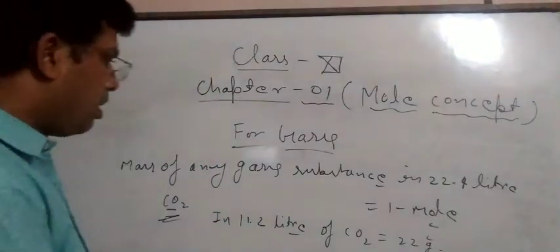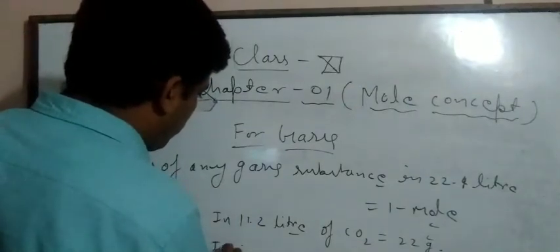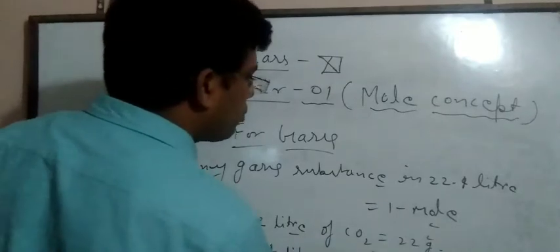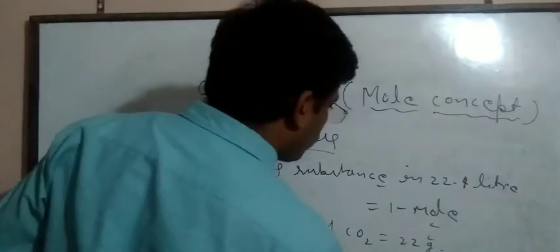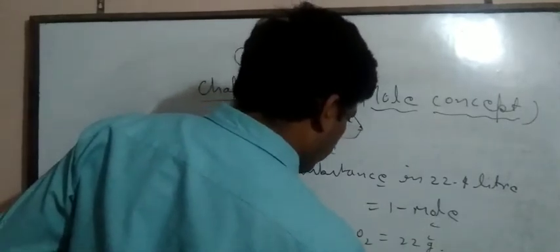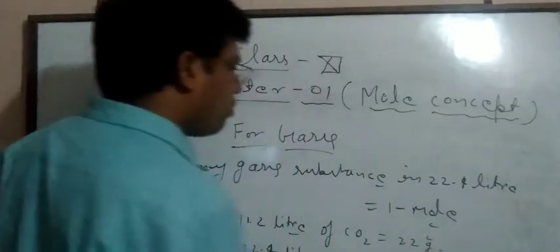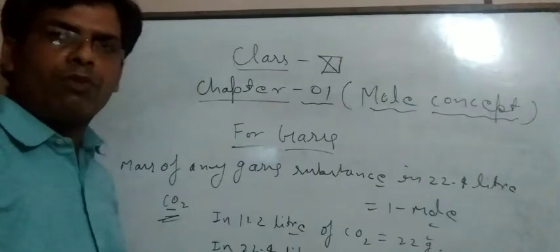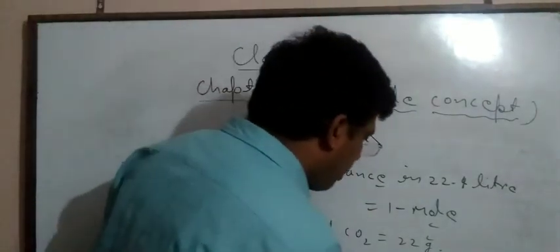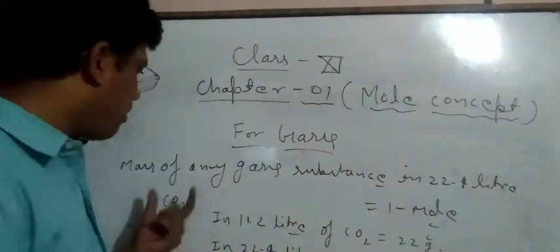So how can we calculate? In 22.4 liters of CO2, the mass will be equal to 22 into 22.4 divided by 11.2, which is 44 gram. So 44 gram will be the gram molecular mass of carbon dioxide.